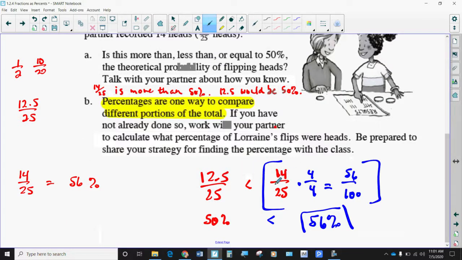That's what we would be doing with the percent. Technically, this would be 50 out of 100, and this would be 56 out of 100. So 50 is less than 56, so this one's got to be less, this one's got to be greater. So converting to percents is basically the same thing as just finding an equivalent fraction that has the same denominator as the other fraction you're comparing it to. That's what we're doing.